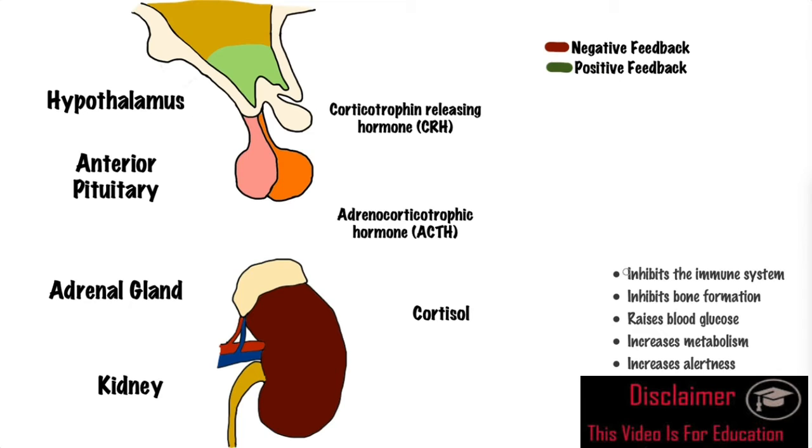So you've got cortisol. It inhibits the immune system, so excessive cortisol is going to lead to a reduction in the immune system and make them more prone to infections. It inhibits bone formation, which means that people with Cushing syndrome will end up with osteoporosis and very weak, brittle bones. It raises blood sugar, so people with excessive cortisol will end up with type 2 diabetes, and it has an effect on metabolism.